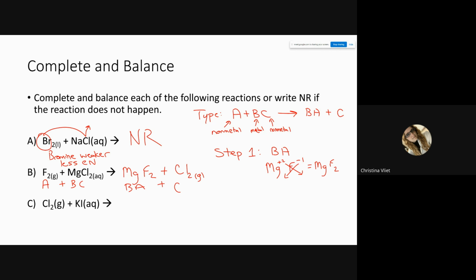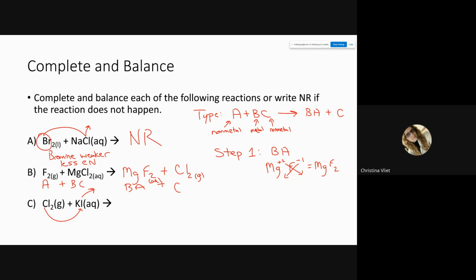And then what is the state of MgF2? Aqueous. All ionic compounds in single replacement reactions are aqueous because they're all taking some water. Last one. We're taking some chlorine, we're bubbling it into KI. Does this happen? Yeah. Is chlorine stronger than iodine? 100%. Chlorine is stronger than iodine, which means it will kick out iodine.